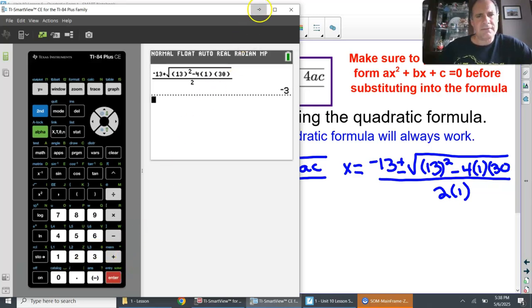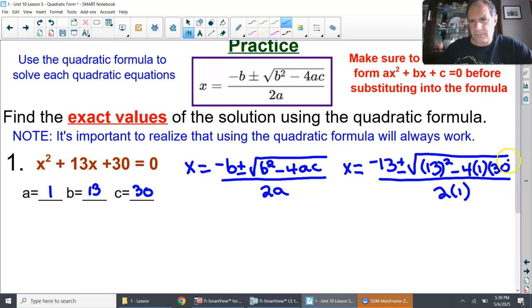So that's a negative 3. So x equals negative 3, and that's an exact value.